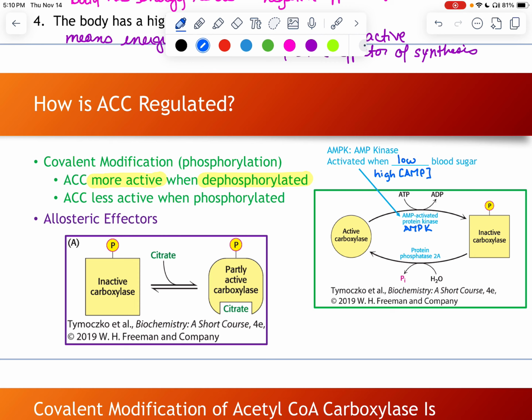So if we have low blood sugar, we're going to expect to activate that AMPK, that kinase, all right, so that we can stop synthesis. Now, think about what hormone we've talked about that we see excreted during times of low blood sugar, and that would be glucagon.